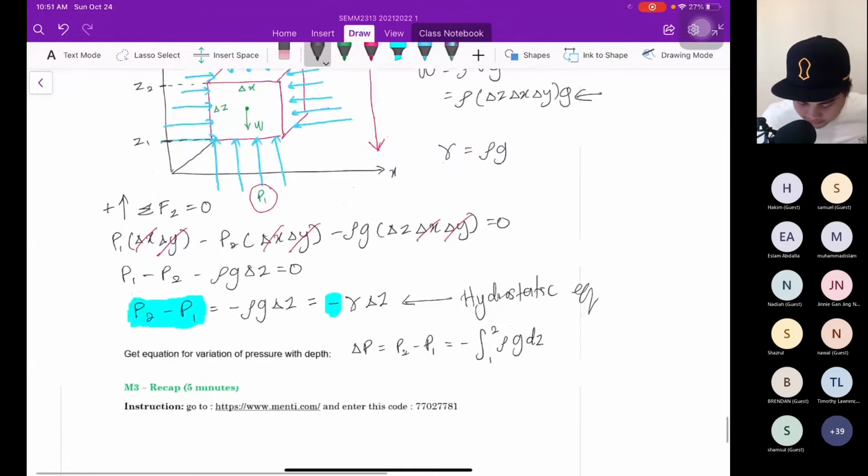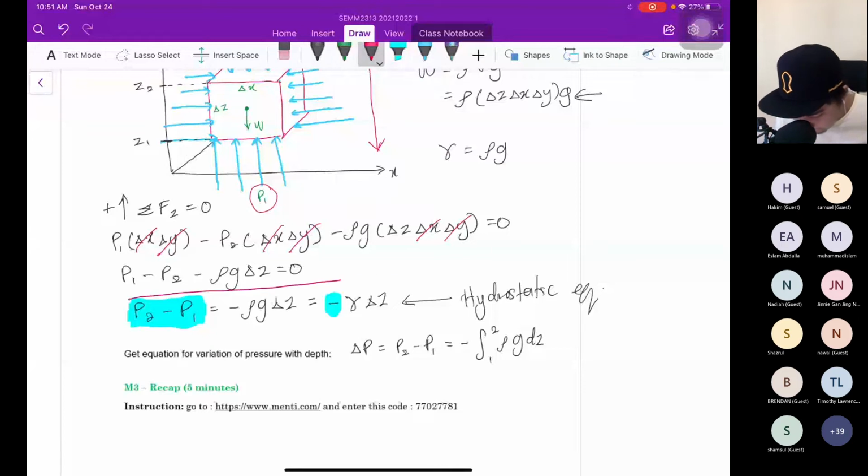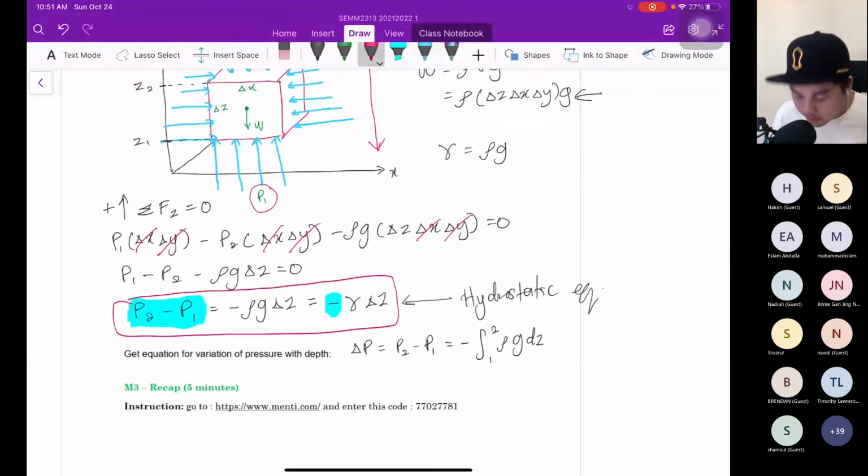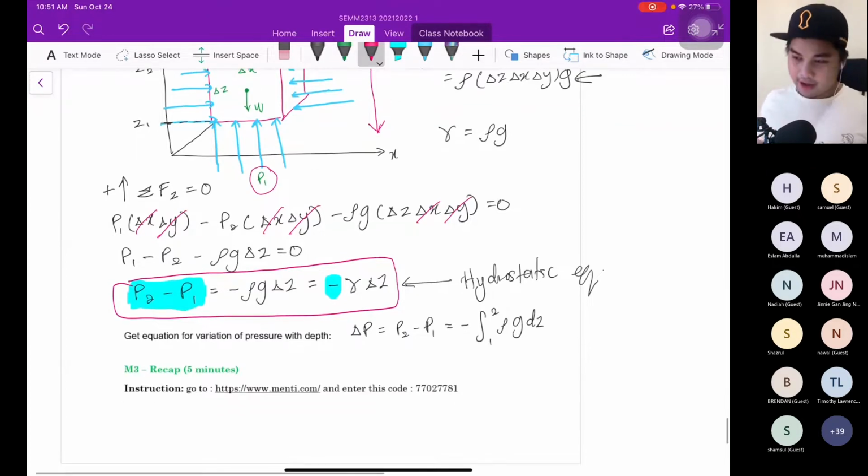The most important thing is this equation, very important, you need to remember. Hydrostatic pressure is the change of pressure, P2 minus P1, equal to negative gamma Z. Simple. Or change of pressure equal to negative gamma Z. That's it.